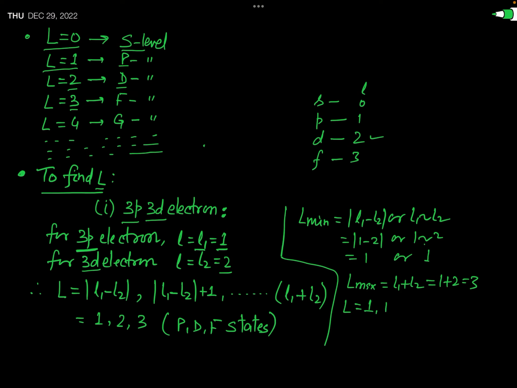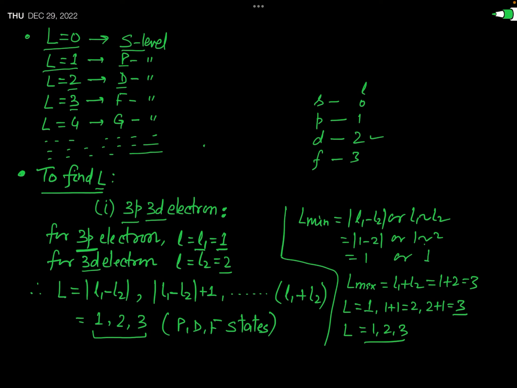Then write minimum value plus 1, and that will be equal to 2. Then write this value 2 plus 1, that will be 3. And as it is the maximum value, this will be the last value. So what are the values of L? You can see this will be 1, 2 and 3. These are 1, 2 and 3.